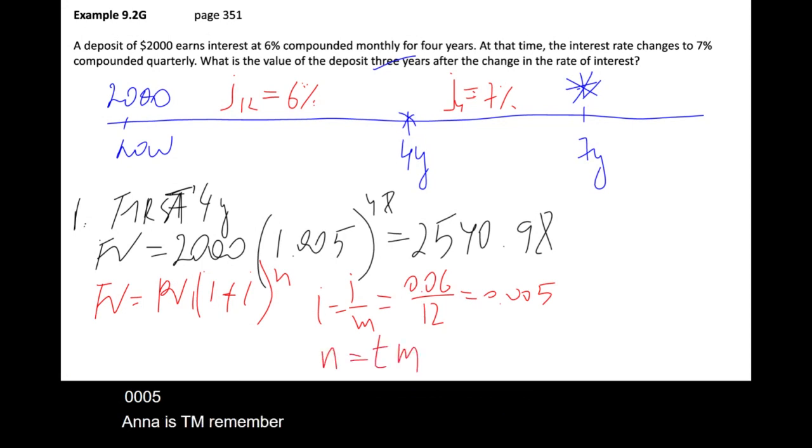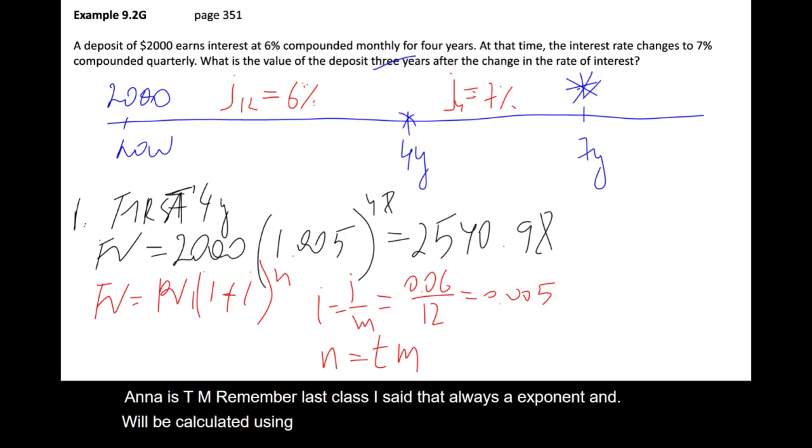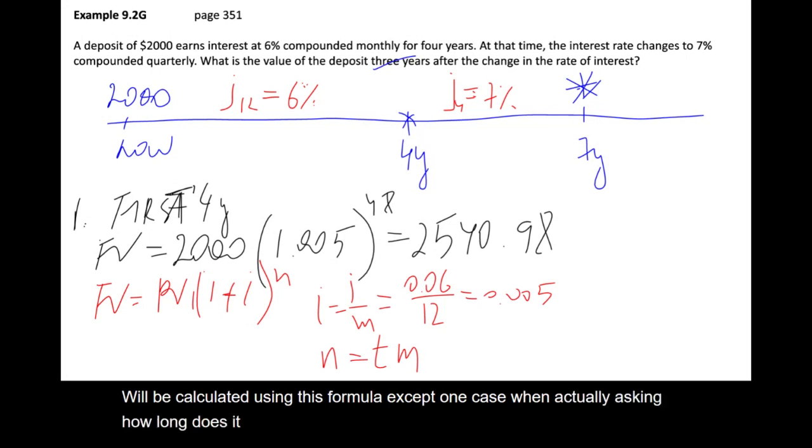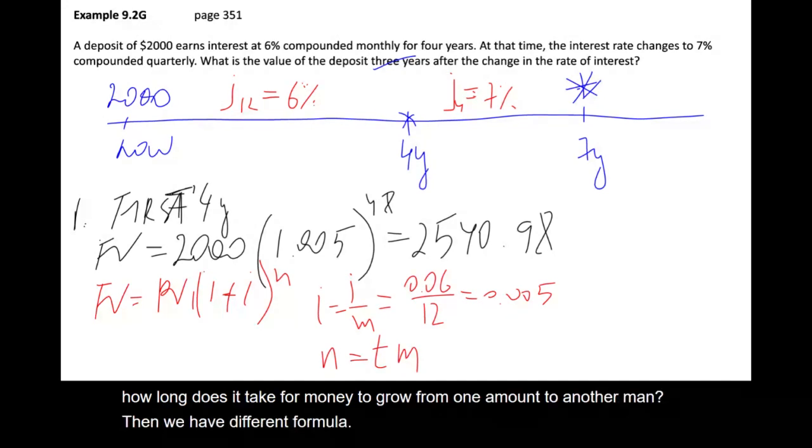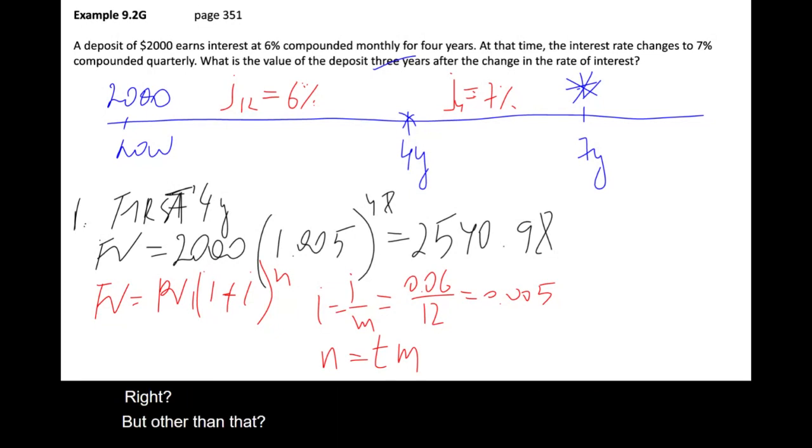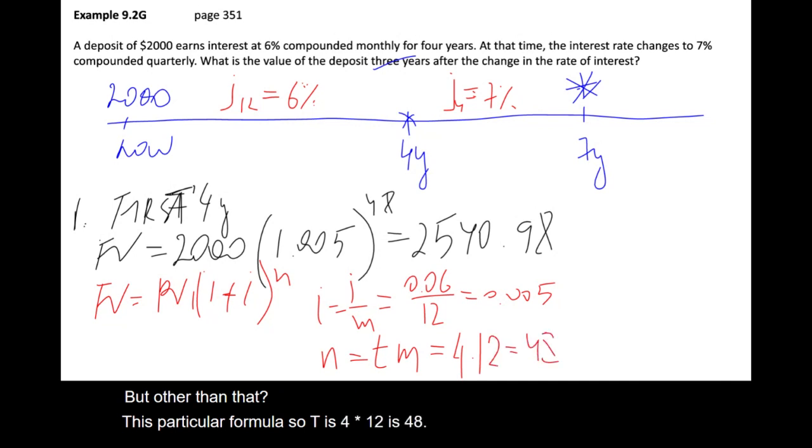Remember, last class I said that the exponent n will always be calculated using this formula, except in one case, when the question asks how long it takes for money to grow from one amount to another amount. Then we have a different formula, right? But other than that, this particular formula. So T is 4 times 12, that's 48. Okay, any questions, guys?